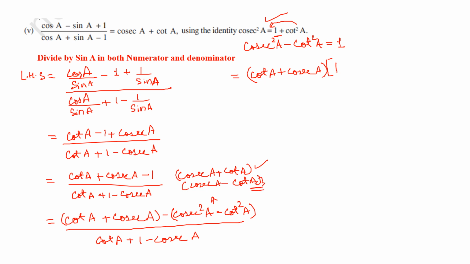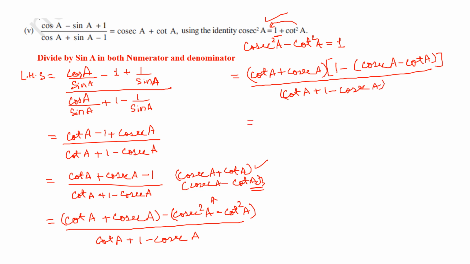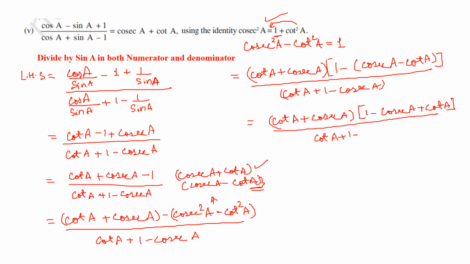So I will write here 1 minus cosec A minus cot A, and this whole is divided by cot A plus 1 minus cosec A. Okay, so again the numerator will be cot A plus cosec A, and this will be 1 minus, let me open the bracket, so 1 minus cosec A plus cot A, this whole divided by cot A plus 1 minus cosec A.